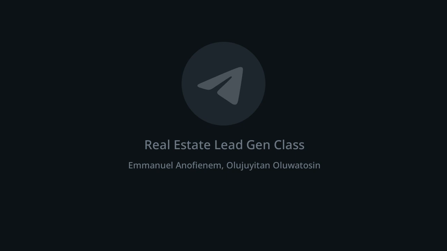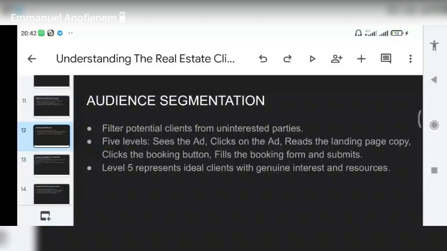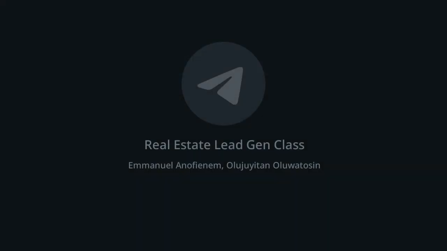They see the ad, they click on the ad, they read the ad copy, or they read the landing page copy, and they click the booking button if you're using a lead generation form or a booking form on your landing page, right? And then they submit. So if they go through each step, it means that they are your target audience.